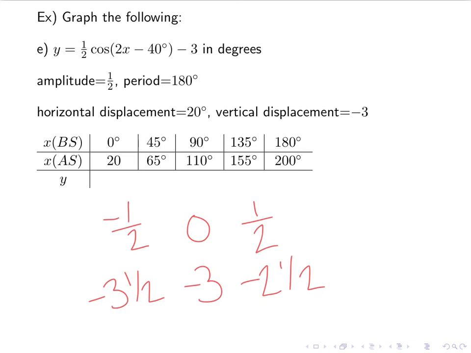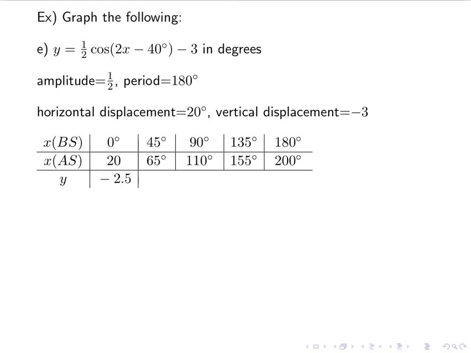Okay, it's cosine, so it's going to start at the maximum, so it's going to start at -2.5. And then it's going to go down. Cosine goes down to what would be my 0, which is -3. Continues going down to my minimum, goes back up, and goes back up.